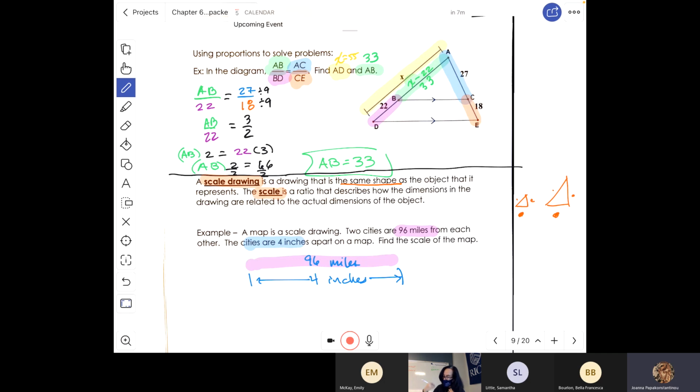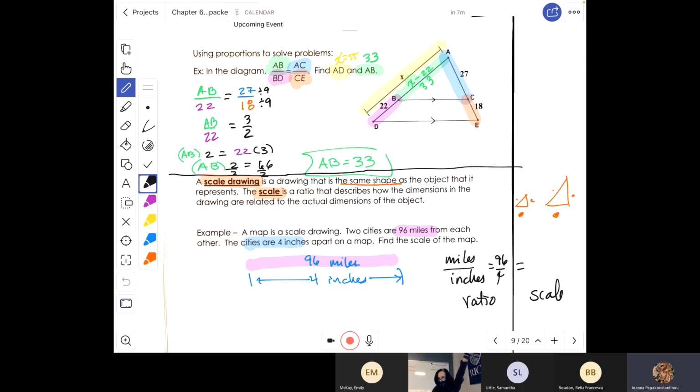So if I want to write this as a ratio, perhaps of miles to inches, my ratio would be 96 to 4. So that would be my ratio. So what is my scale? So this is the ratio, but now let's look at the scale. Now, normally you just divide so that you have 1 in the denominator. So if I divide the numerator and denominator by 4, what am I going to get? 24 over 1.